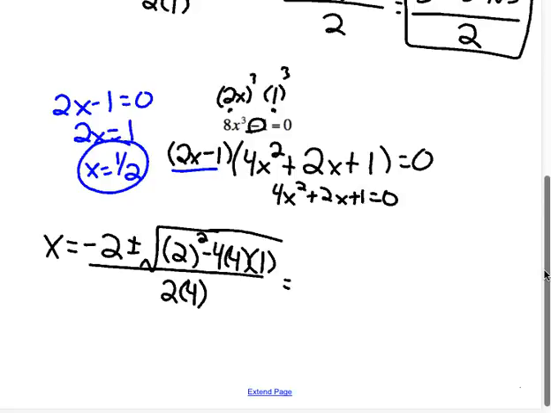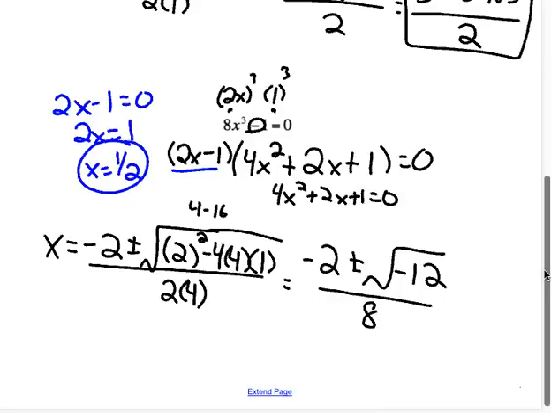So remember, the first thing I always want you to simplify is inside the radical. So here I see 4 minus 16, so that's going to be a negative 12 inside the radical. Hopefully the square root of negative 12 resonates with you.